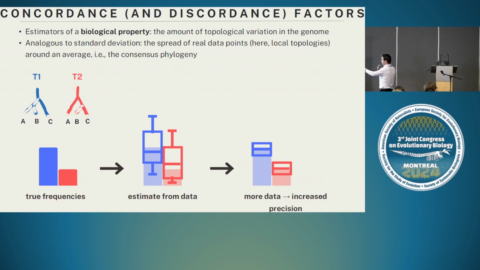And we estimate this from the data, and then we have a confidence interval for these concordance factors that we estimate. And as we add more data, our precision of the concordance factors will increase. But the concordance factors will not go up like a statistical support would go up.